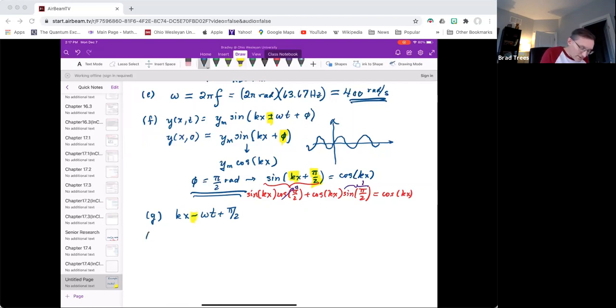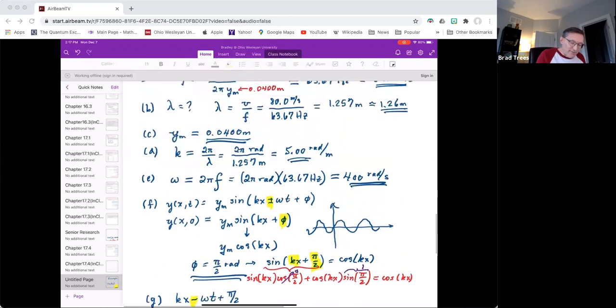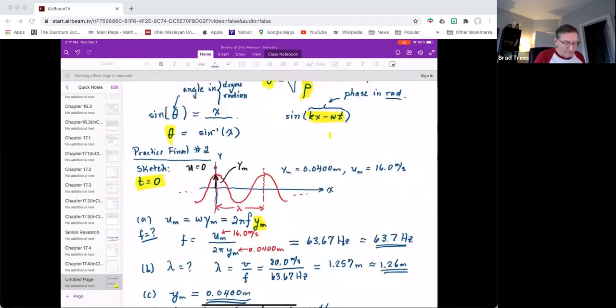And then there's one more part, h. What is the value of y, the transverse displacement, including the units, at x equals 2 meters and t equals 2 seconds? My drawing is a snapshot of the wave at time 0. Now we're taking the time of 2 seconds.